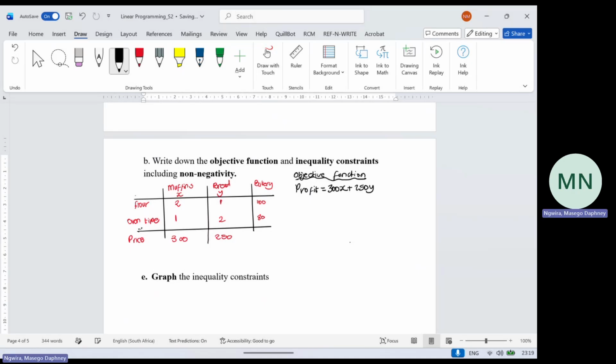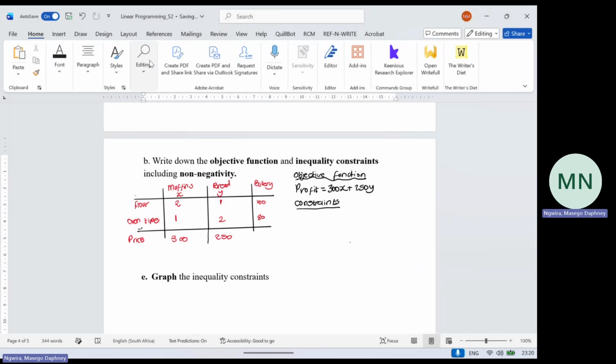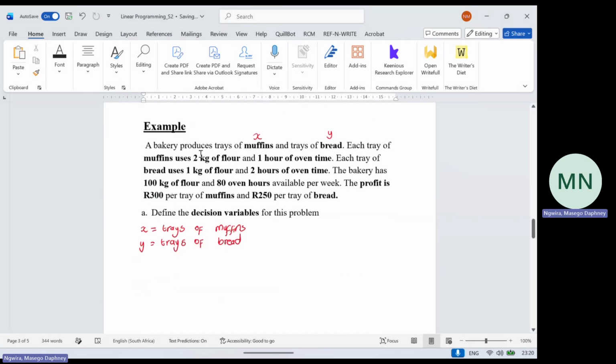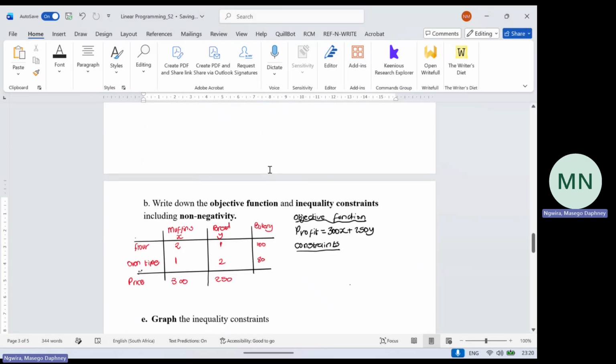All right, and then now we go to constraints. Inequality constraints. I didn't see them saying anything like at most or at least, so it's going to be less than.